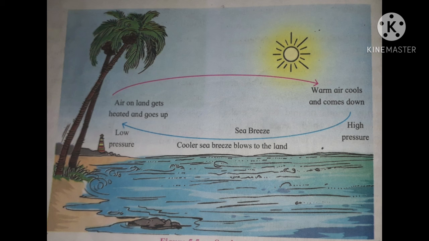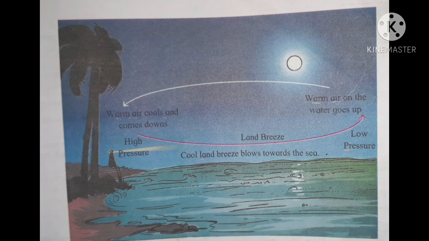Hence, the layer of air near the land and water surface is hotter. The temperature of air goes on decreasing as one moves higher above the surface. Due to this, the temperature near the sea level is higher and it decreases in the mountainous regions.